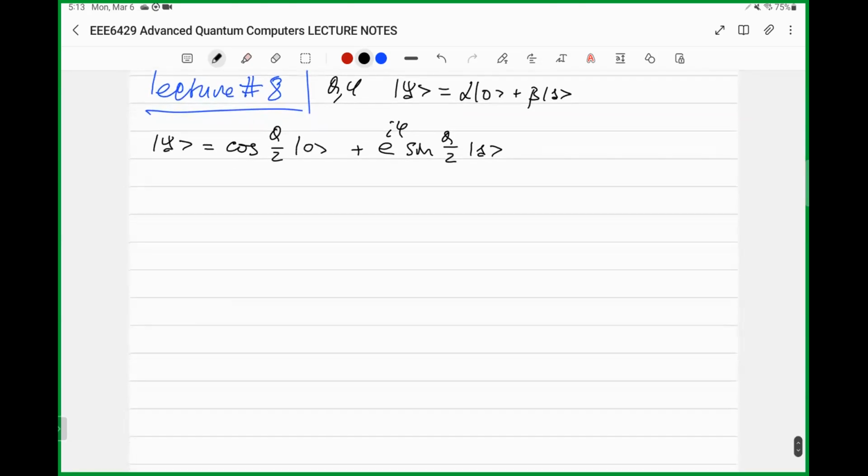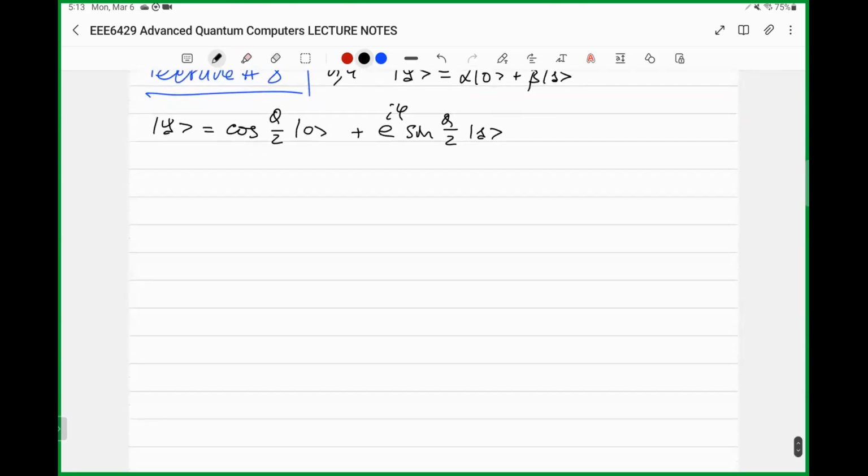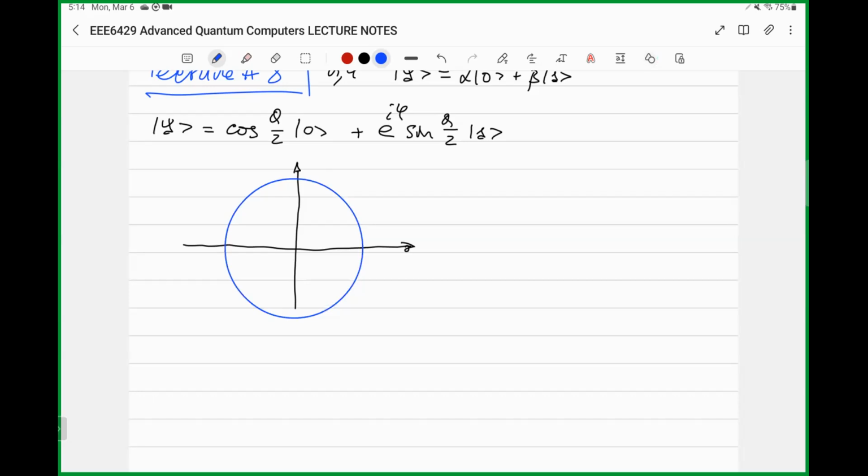This is important because introducing these theta and phi coordinates allows us to represent any state of a qubit as a dot on a Bloch sphere. This is the sphere with radius 1.